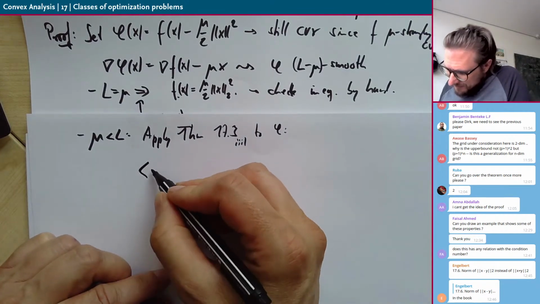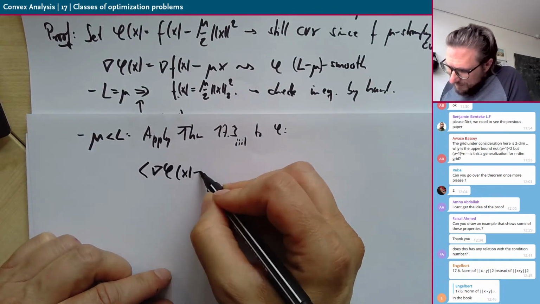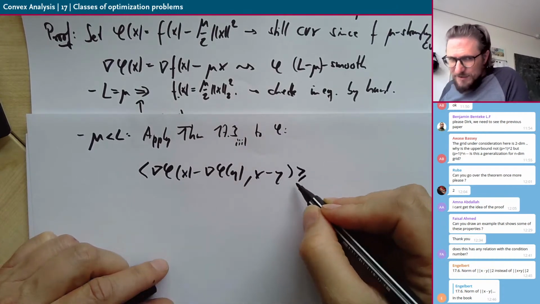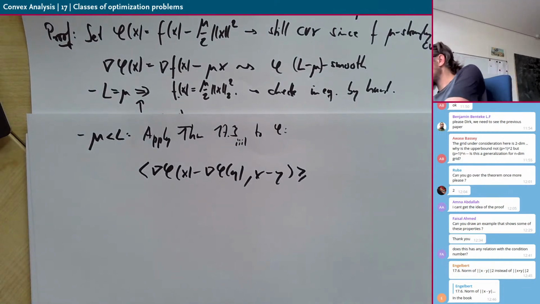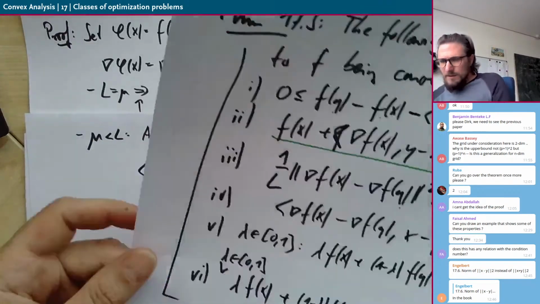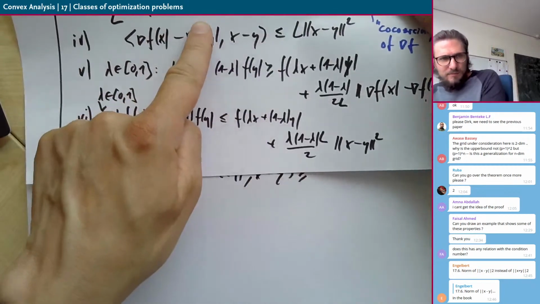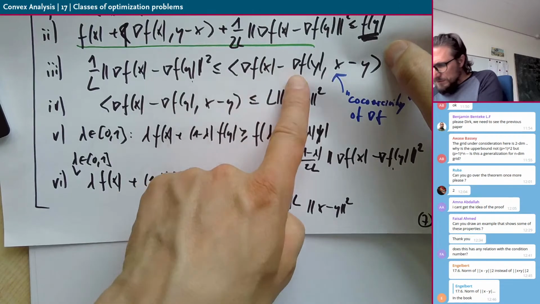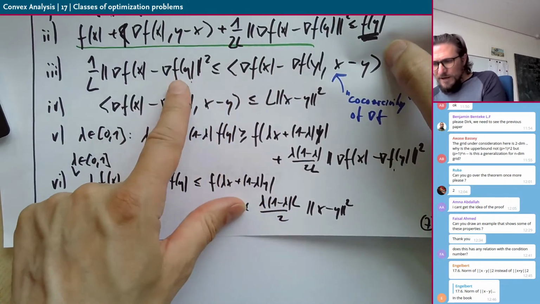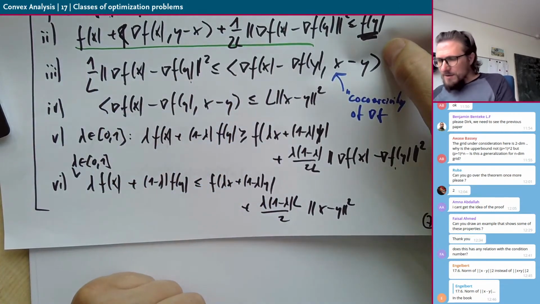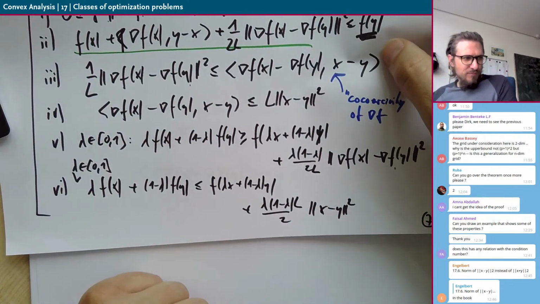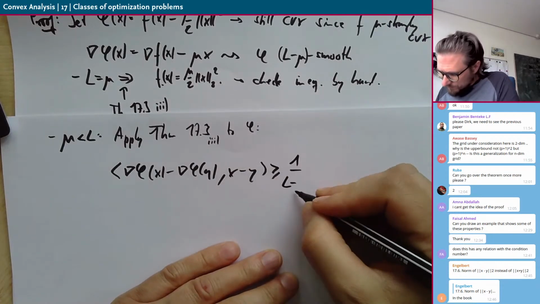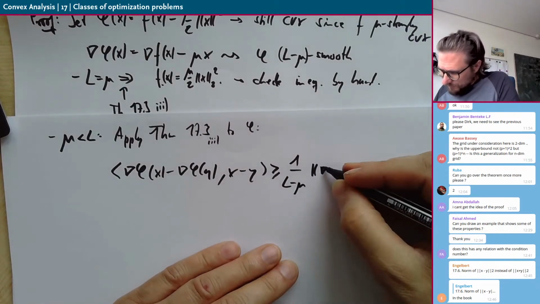And then this gives us that the gradient of phi of x minus gradient of phi of y times x minus y is larger or equal. Let's check what that was. It was this one here: bounded from below by the difference of the gradients squared times 1 over L. But in this case, L is L minus mu. So we have here 1 over L minus mu times the difference of the gradients.